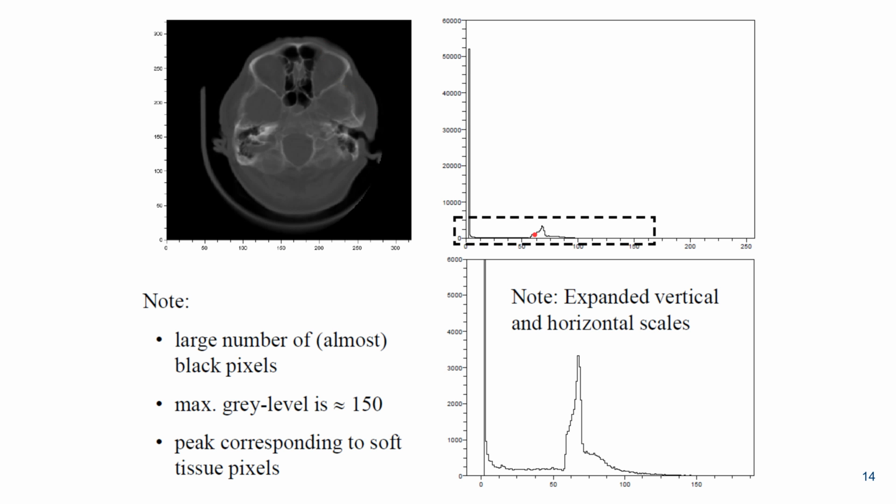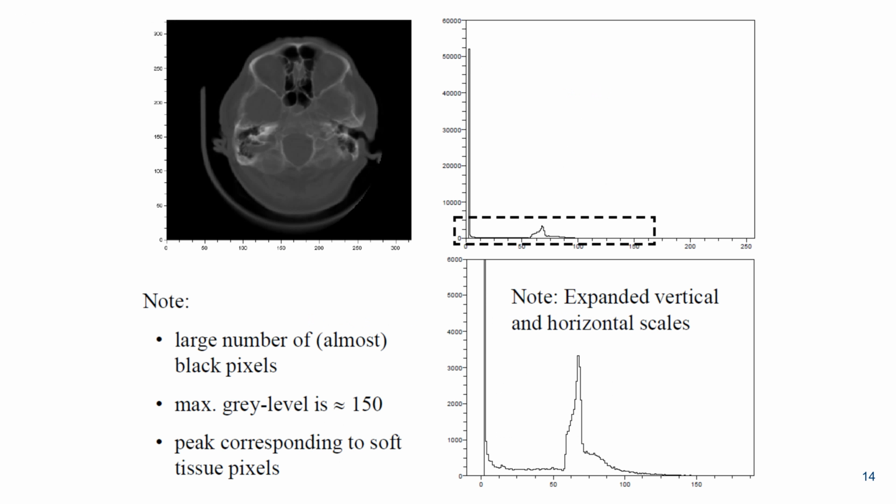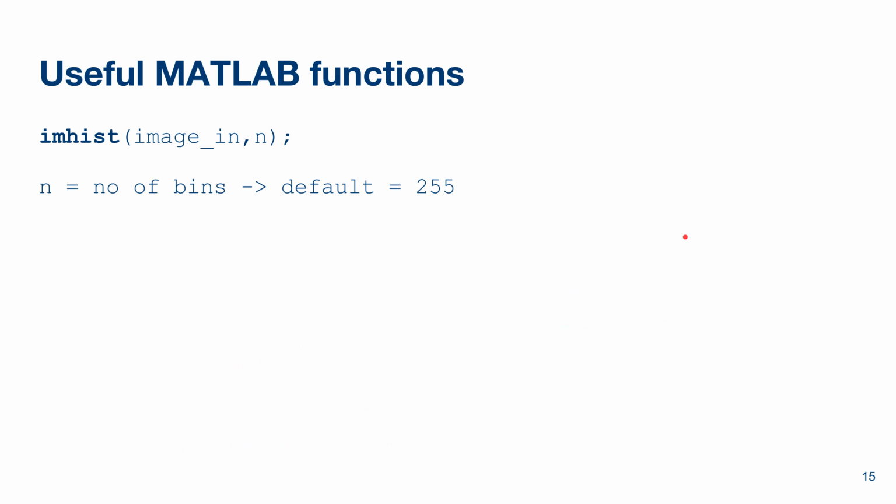Okay, so going back, it's this sort of a setup here. The low contrast with the narrow peak at a particular pixel value. And we can expand this a little bit here, and we can see it looks something like this. But there are no pixels with any values up here.